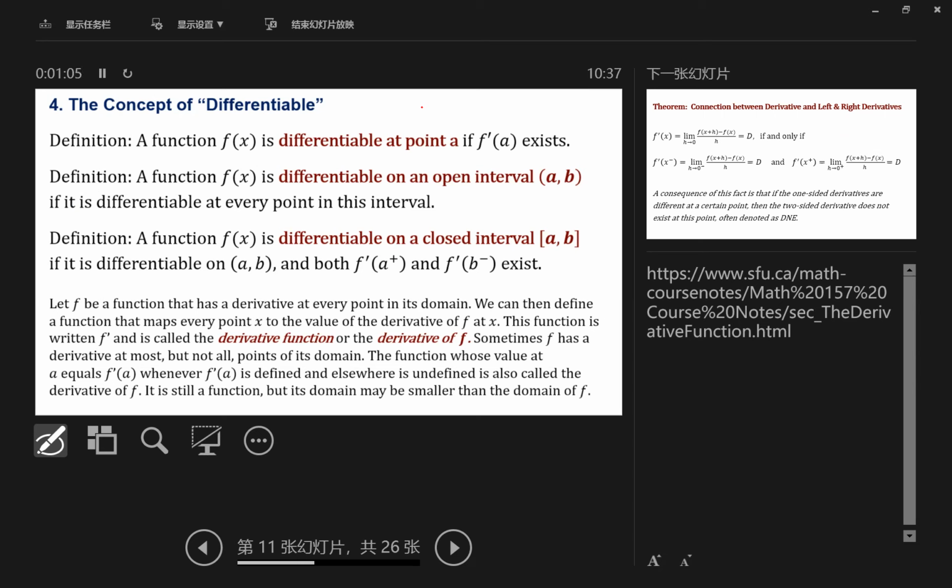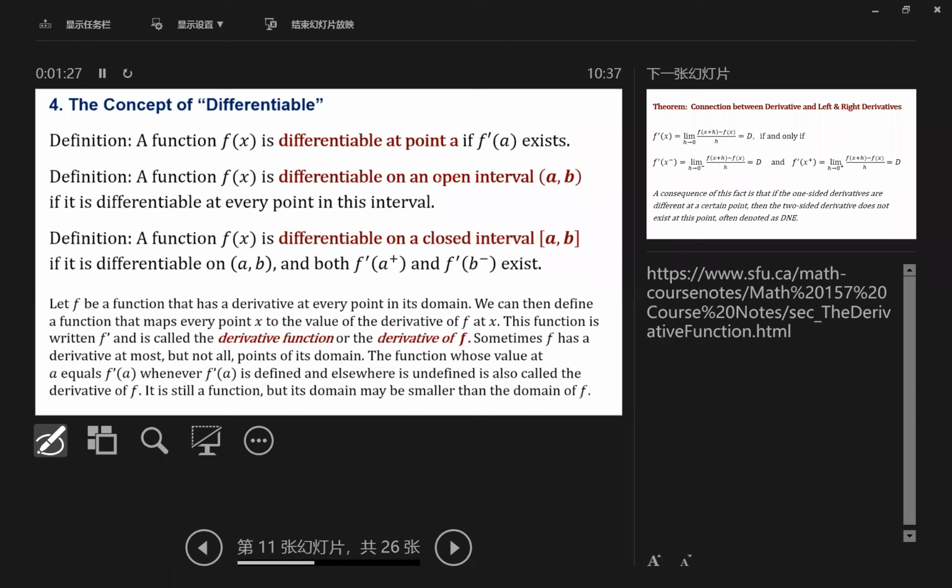That means f prime of a exists. Next, a function f(x) is differentiable on the open interval (a, b), exclusive, if it is differentiable at every point in this interval. So this is the definition of differentiability on an open interval, okay?